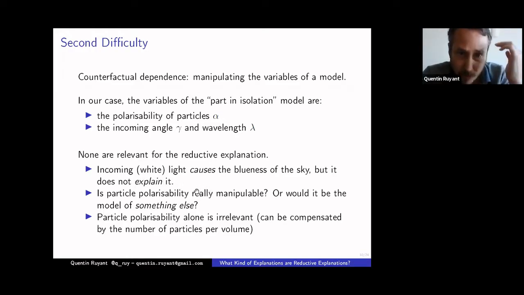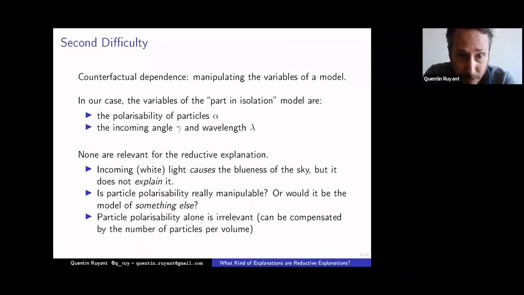Maybe particle polarizability would be more relevant. But we could wonder if it's really manipulable. This is specific to Woodward's account of explanation, that the variables must be manipulable, and in this case it's not clear. But maybe other accounts of explanation would not have this problem. But in any case, it doesn't seem relevant alone, because it can be compensated by the number of particles, the thickness of the atmosphere.